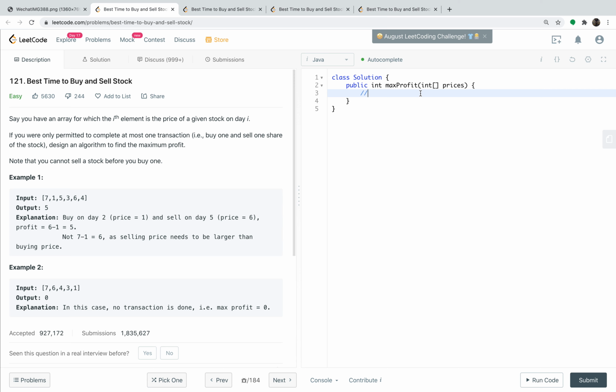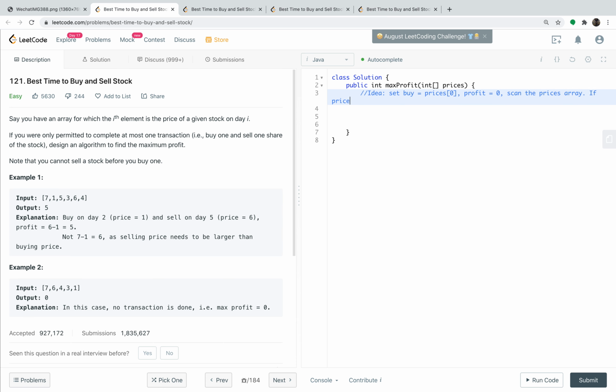So let's first write down the code. The idea is: set buy as the default buying point 0, and the profit is 0. Scan the prices array.